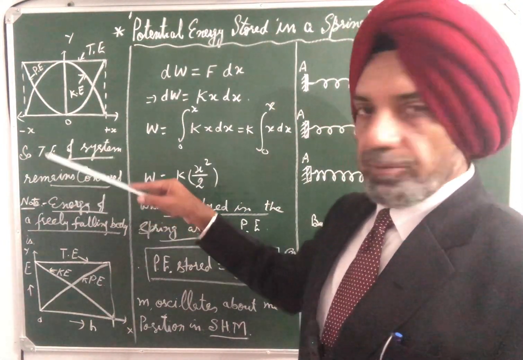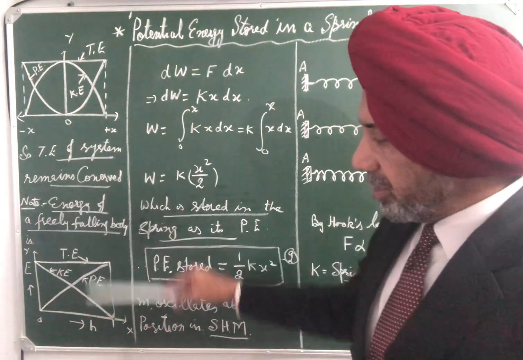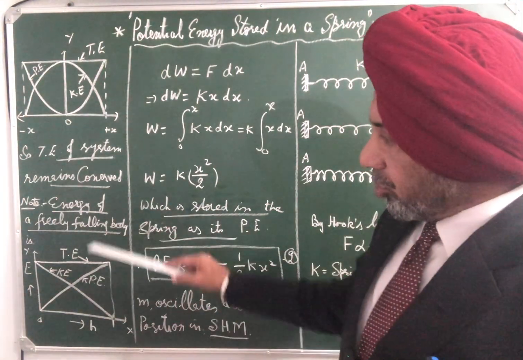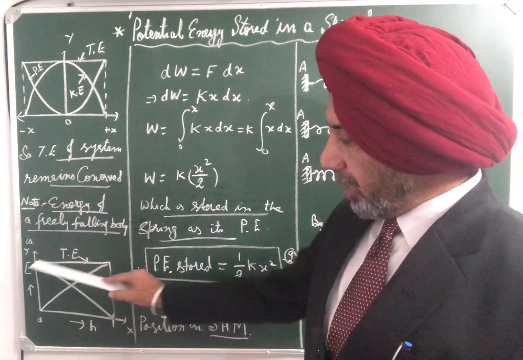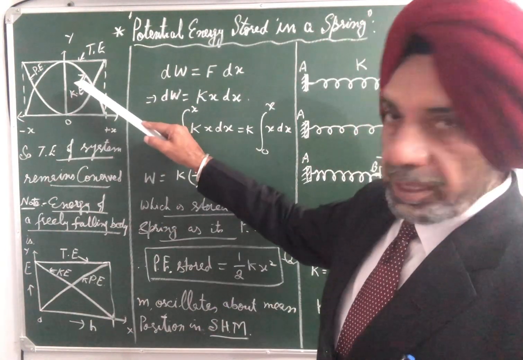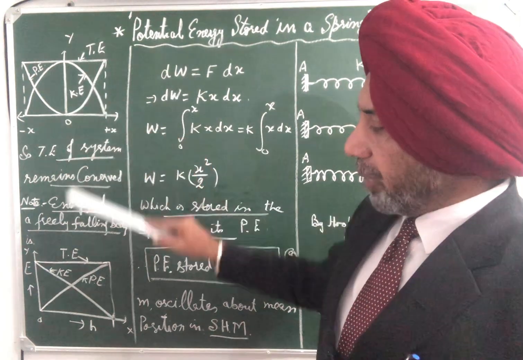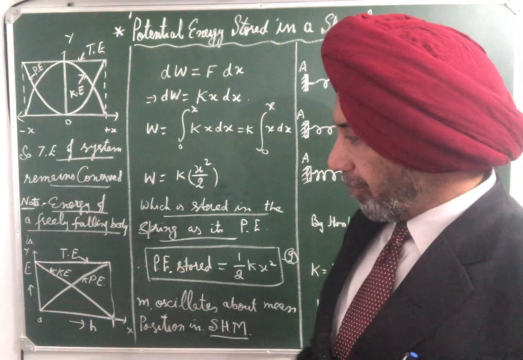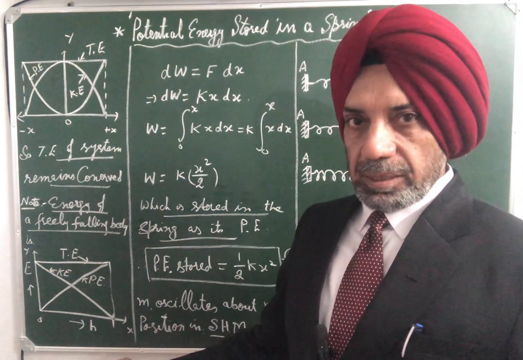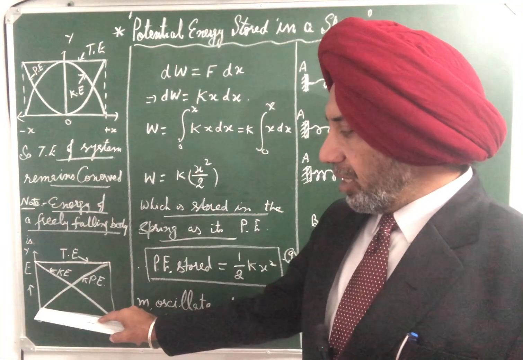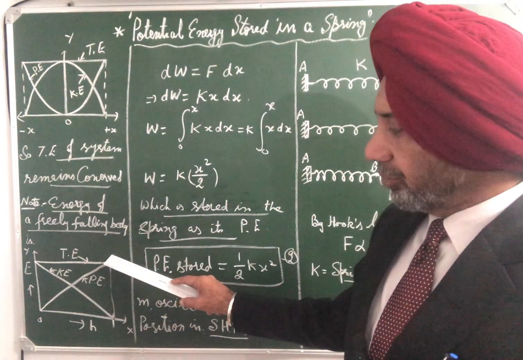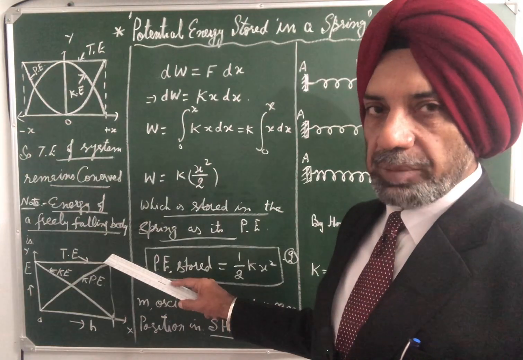Just like when a freely falling body falls, its kinetic energy, potential energy, total energy graph is given like this. You can compare potential energy stored in a spring with the potential energy of the freely falling body, where potential energy equal to mgh increases with the increase of height. At the top, potential energy is maximum but kinetic energy is 0.